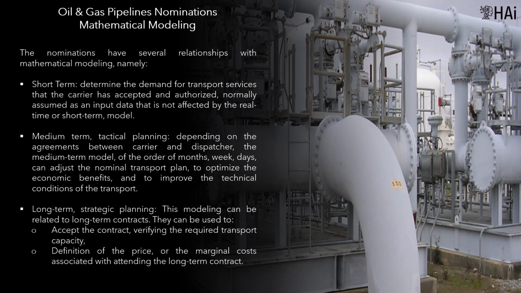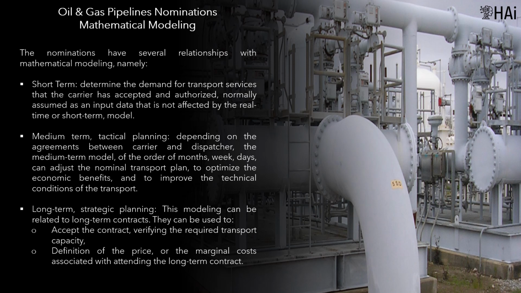Mathematical modeling. The nominations have several relationships with mathematical modeling. Short-term: determine the demand for transport services that the carrier has accepted and authorized, normally assumed as input data that is not affected by the real-time or short-term model. Medium-term, tactical planning: depending on the agreements between carrier and dispatcher, the medium-term model, of the order of months, weeks, days, can adjust the nominal transport plan to optimize the economic benefits and to improve the technical conditions of the operations.